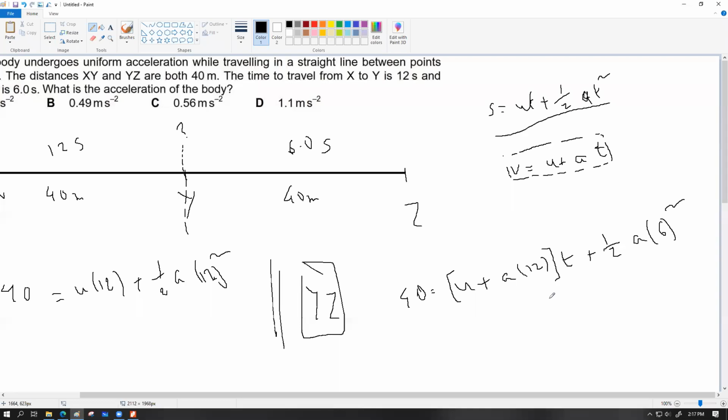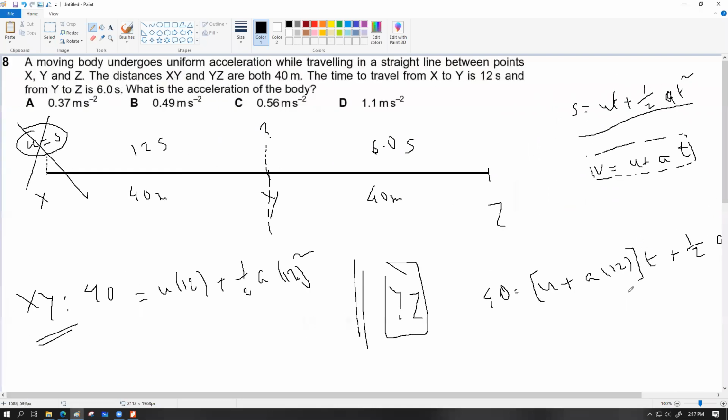See if this makes sense. I did not write the u in terms of the u in the first place because both of the segments are not supposed to have the same initial velocity. So I wrote the final velocity after segment XY.